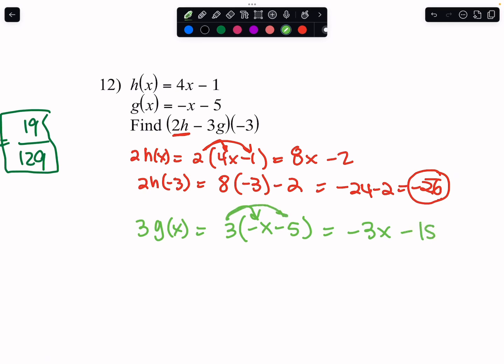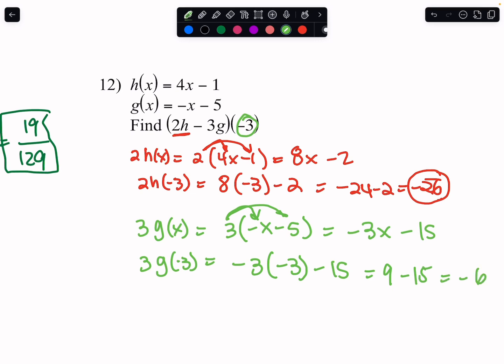And then I have to, again, take this -3 and plug it in. So I got -3 times -3, minus 15, because I have to plug it into the equation we just figured out. And then -3 times -3 is a positive 9. Minus 15 equals -6.